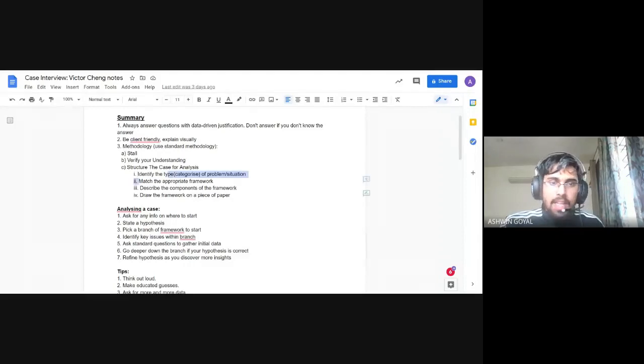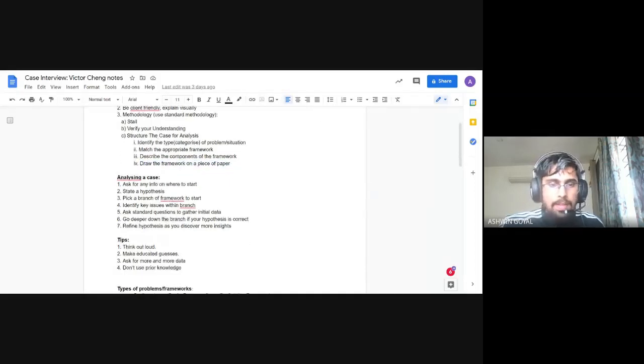The second step is match the appropriate framework. Now you have 10 frameworks in mind. You'll just get to know which framework is the most suitable for this particular problem or situation. After deciding upon the framework, then describe the components of the framework and draw the framework on a piece of paper and solve the problem.